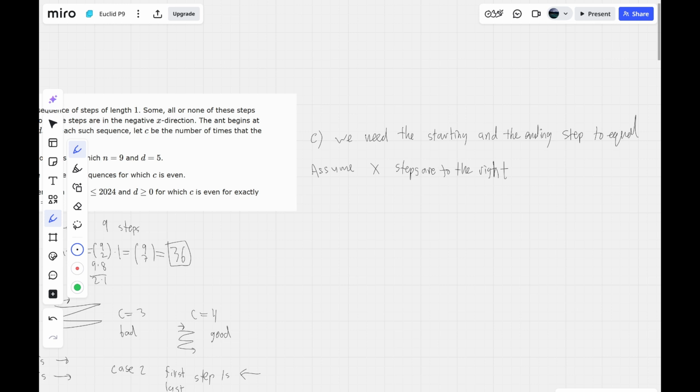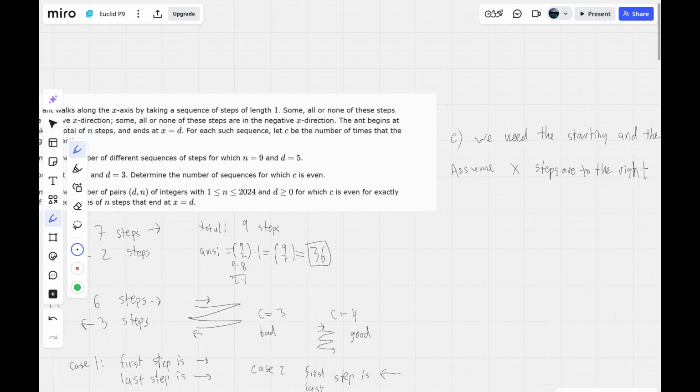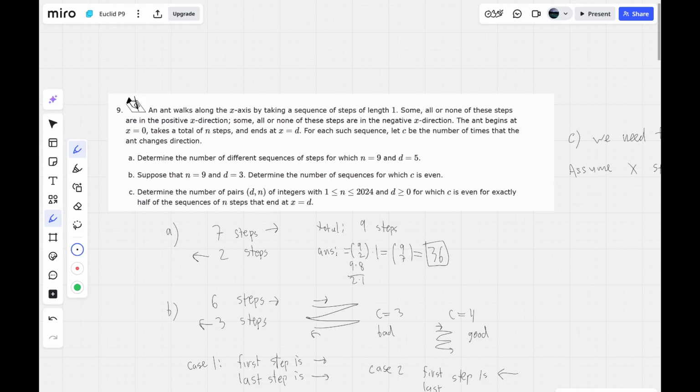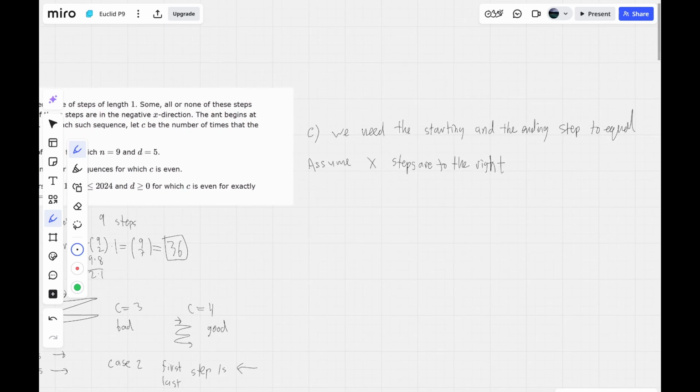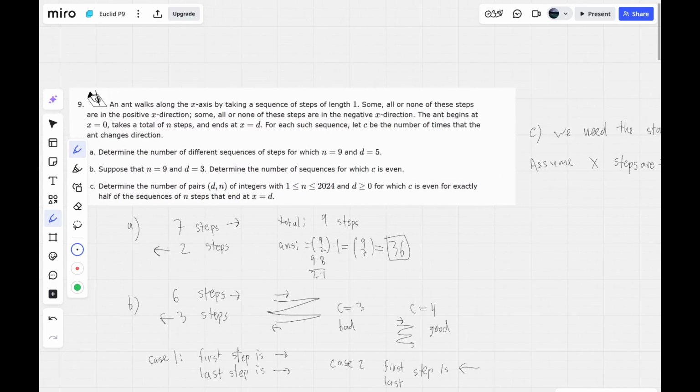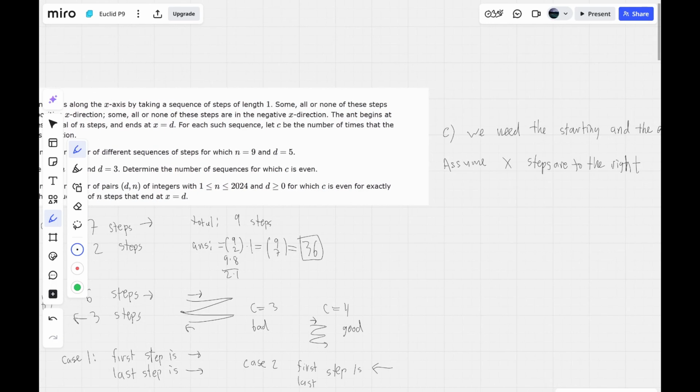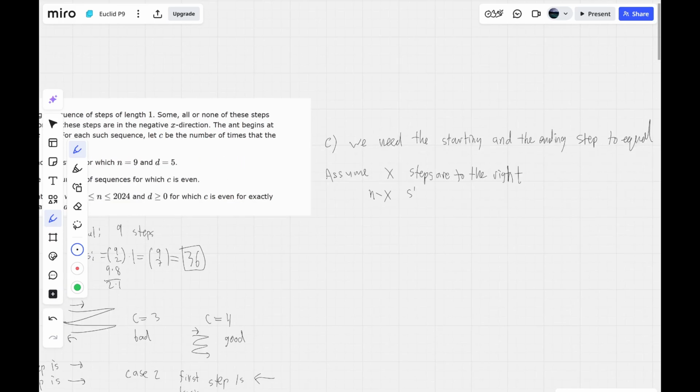And there are D steps. Sorry, there are N steps in total. So that means N minus X steps are to the left.